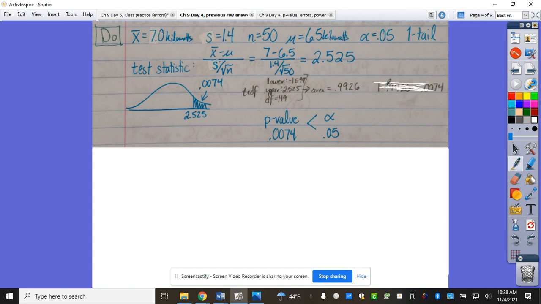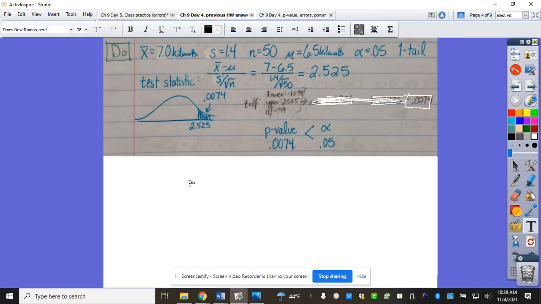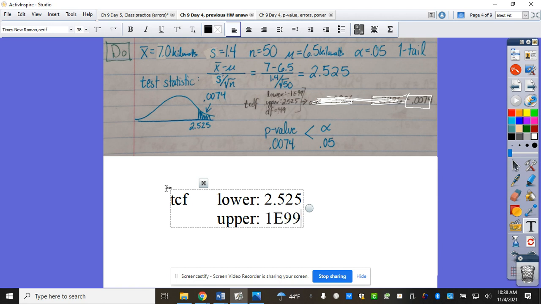This class probably isn't going to do this. This class is probably going to go straight to that and not do 1 minus. How do you find your p-value? This. It just gives you the 2.525 is your lower. Yeah. And then your upper is what? And I would have to type in degrees of freedom. And that was second distribution. Yes.